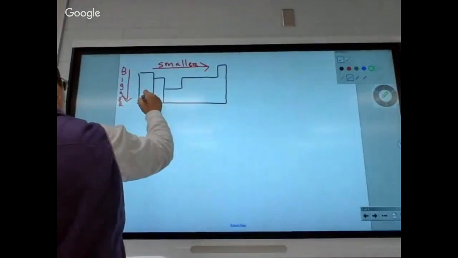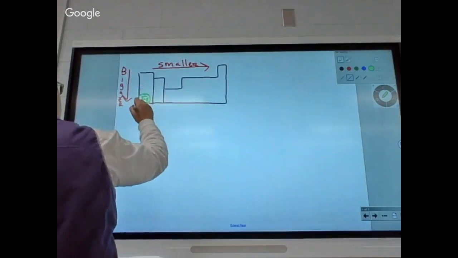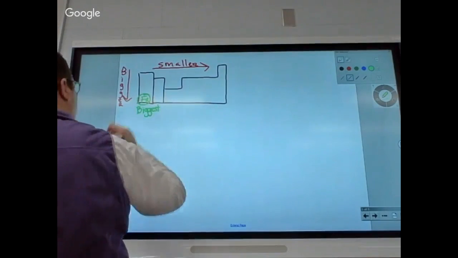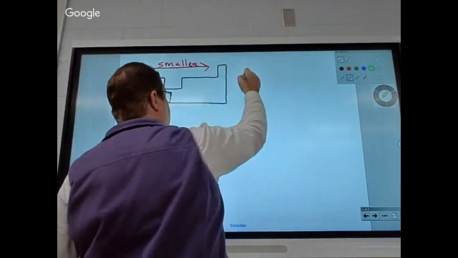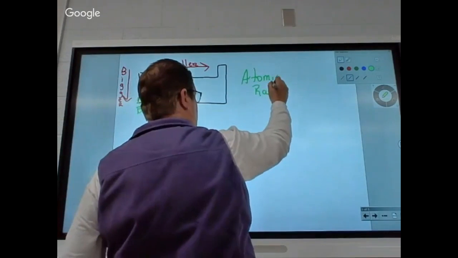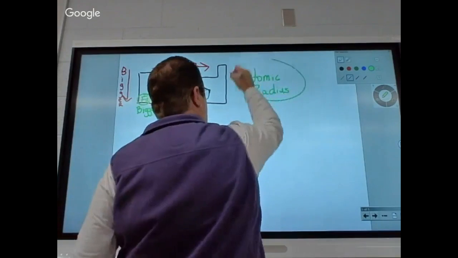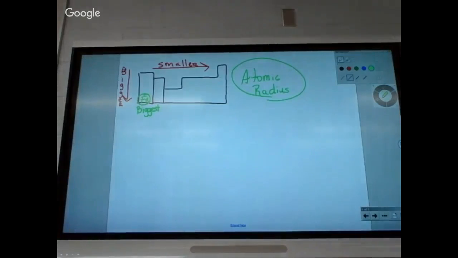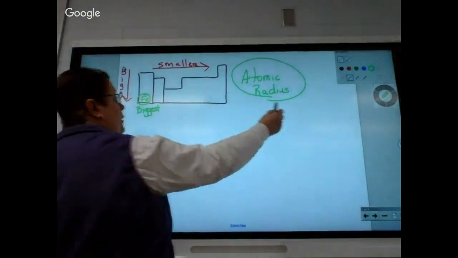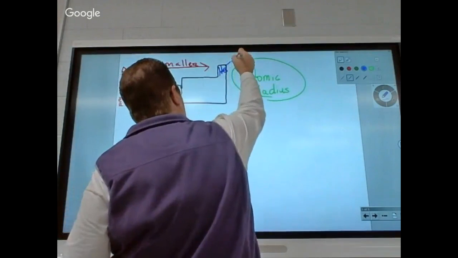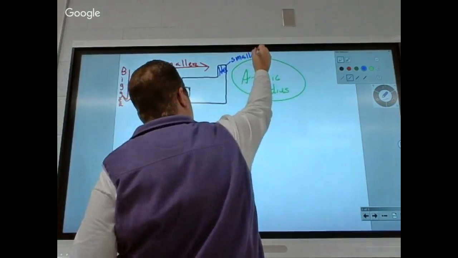FR, right there, is the biggest element on the periodic table when we talk about atomic radius. Make sure you label that as atomic radius because I'm going to draw several of these today. Helium up here would be the smallest.